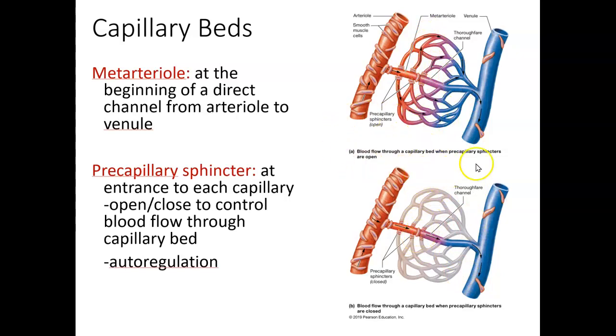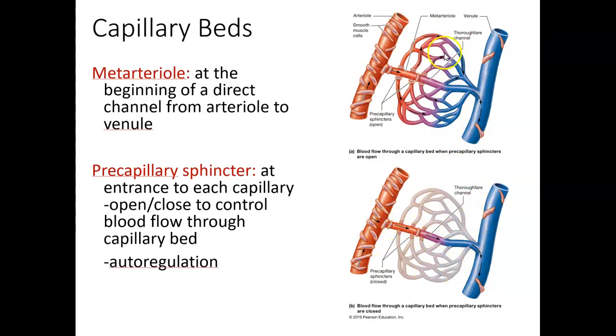In picture A, notice the blood is flowing through all the capillaries, so we would say we have high tissue perfusion here. Whereas if we look down here in B, notice there is no blood going through that network of capillaries, the capillary bed. In B, the blood goes right from the arteriole directly to the venule.